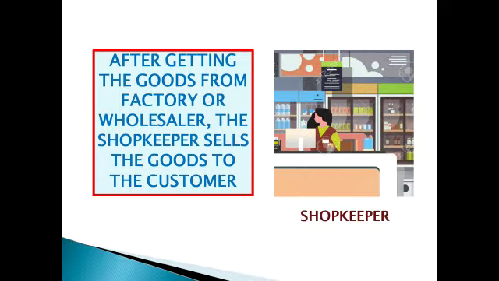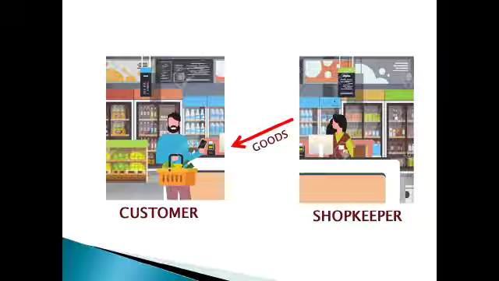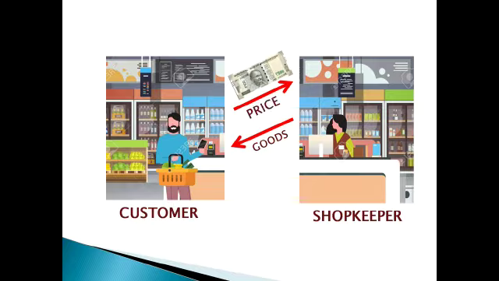After getting the goods from the factory or wholesaler, the shopkeeper sells the goods to the customer. So here the shopkeeper sells the goods to the customer and the customer in return pays the price amount.